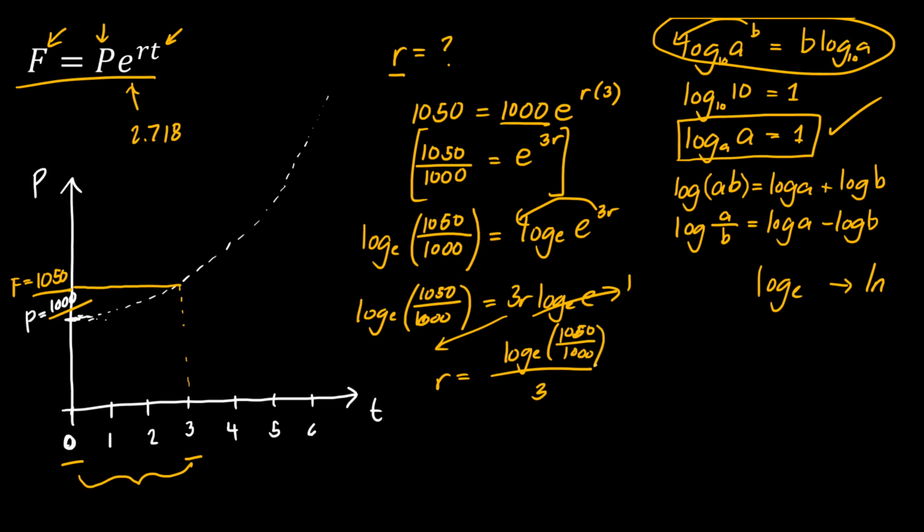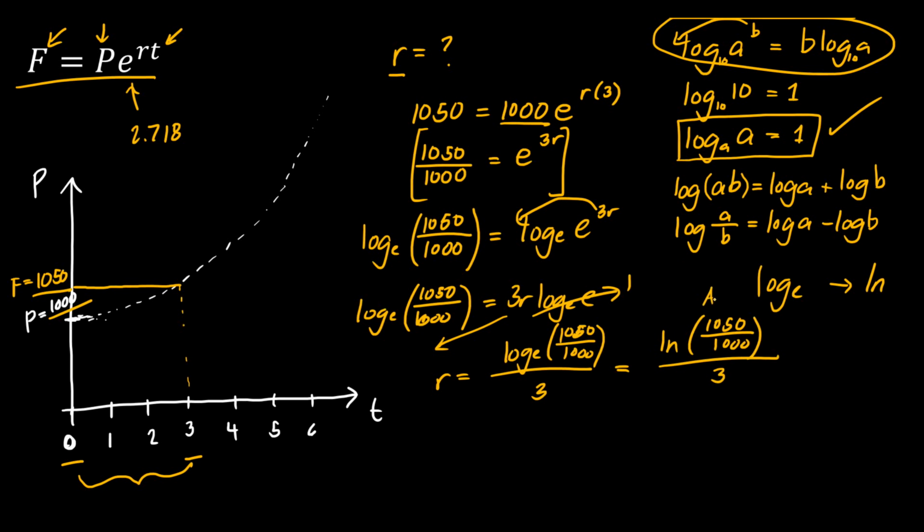We can solve for r by transposing 3 down here in the denominator. As I mentioned, log base e is also known as ln. Depending on your calculator, you can compute 1050 divided by 1000, enter, and then use ln.